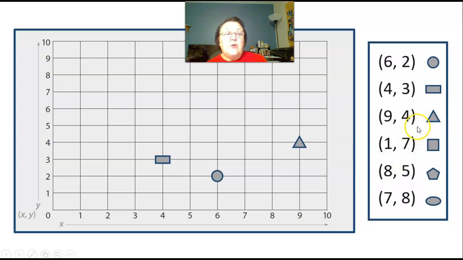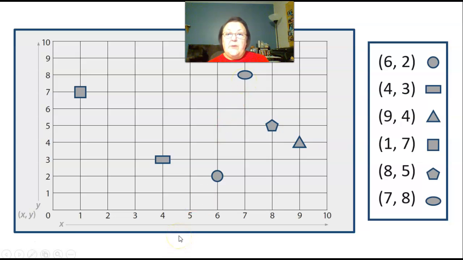Then we go to our triangle, so we go across to 9, up to 4. And now we have a square across to 1, up to 7. Again, I'm going across and then I'm going up and placing my shapes. And then the oval across to 7, up to 8.